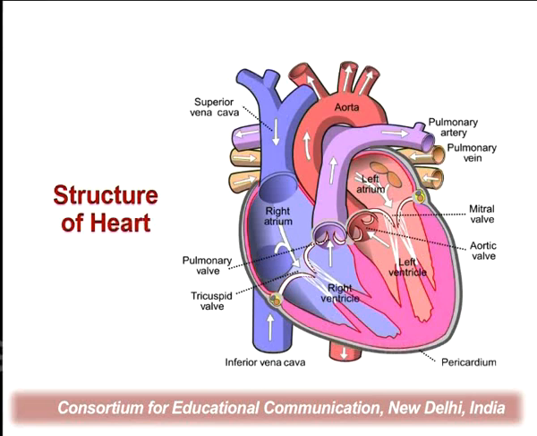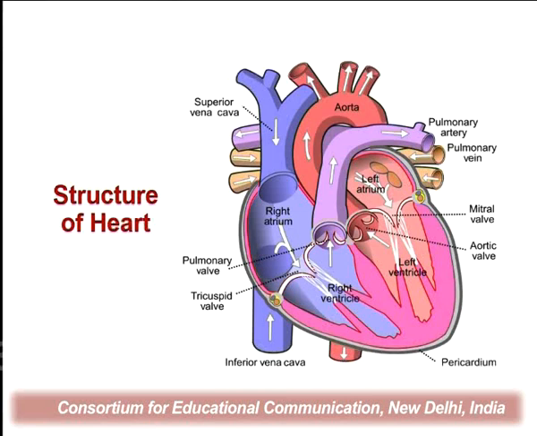And there are 4 valves also. One is the tricuspid valve, which is in between the right atrium and right ventricle. And why do we call this the tricuspid valve? Because it has 3 doors, and we also call this valve the atrioventricular valve because it divides the atrium and ventricle.